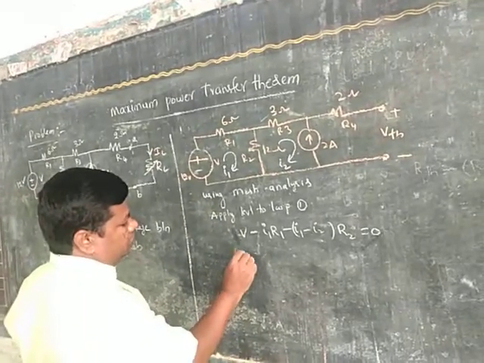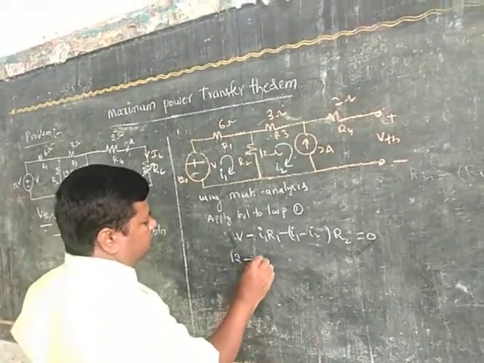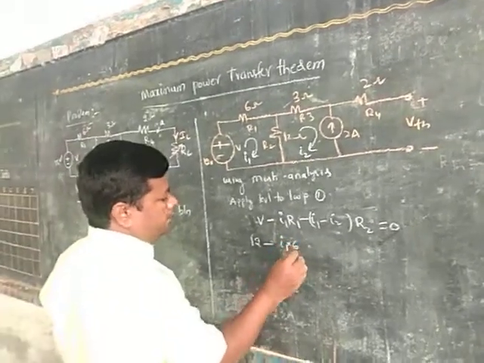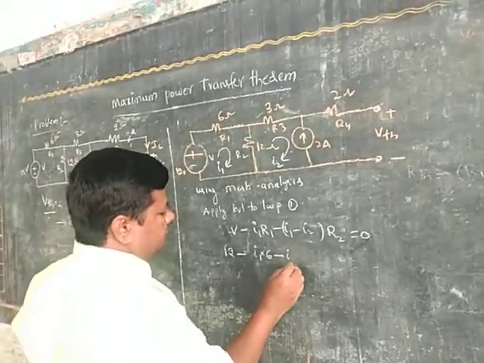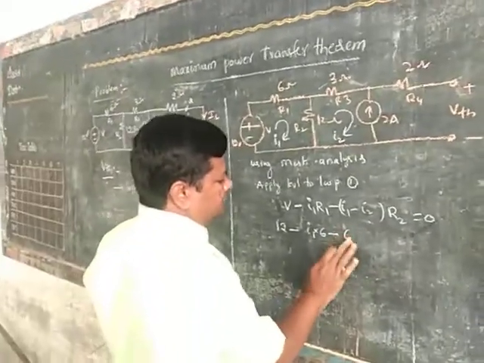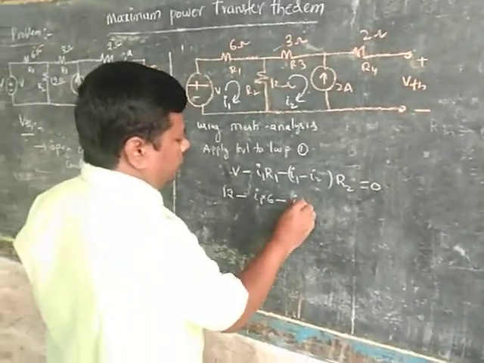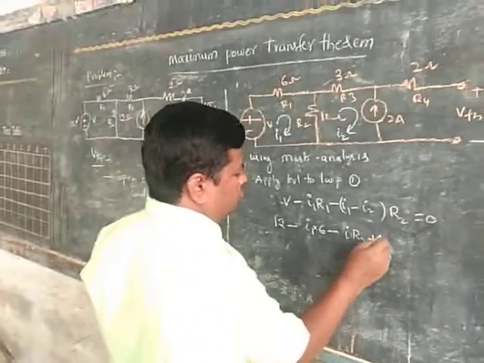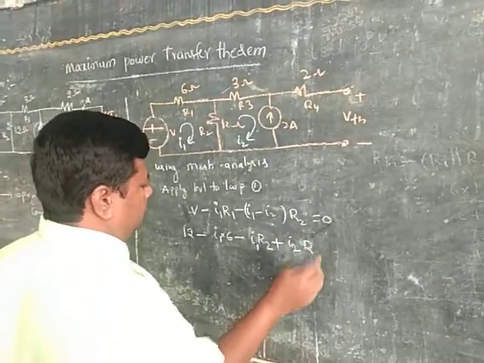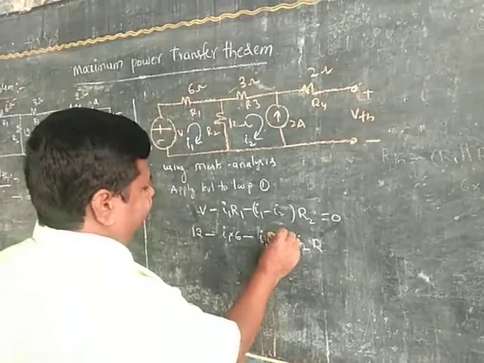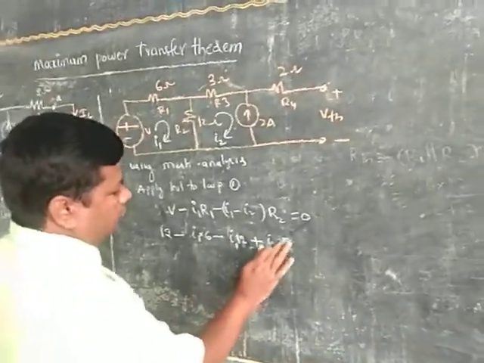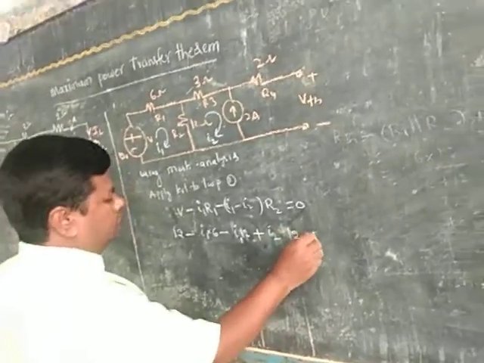Then substitute: 12 minus I1 into 6 minus I1 into R2 plus I2 into R2, again equal to 0.